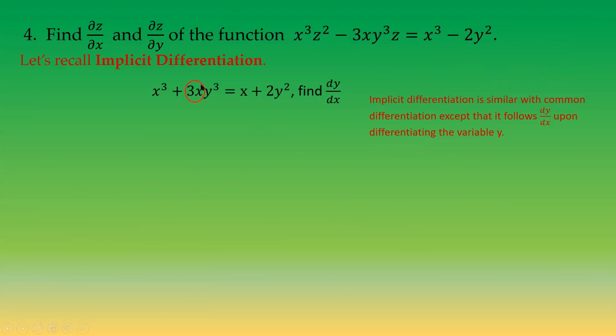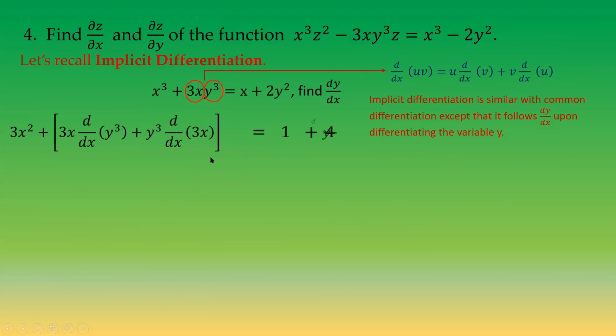Dito, meron kang product ng 3x saka ng y cube. Dito kasi sa ating given, yung y at x ay variable yan. So, pag sila ay naka-product, apply mo ngayon yung derivative ng product na u dv plus v du tayo. Differentiate natin.